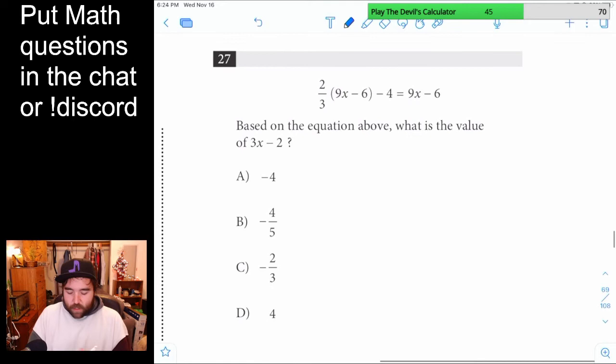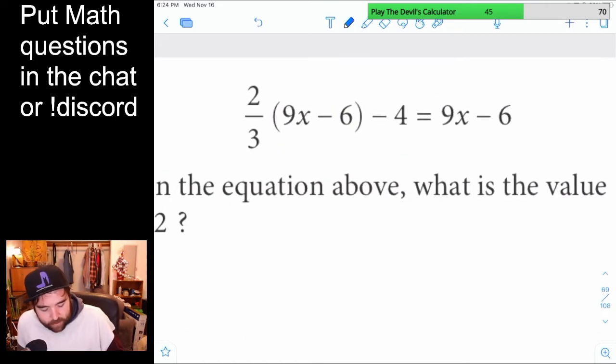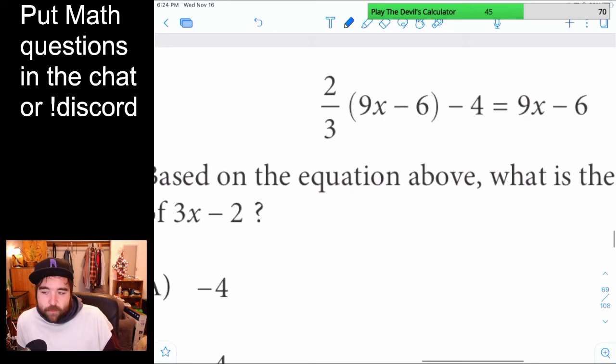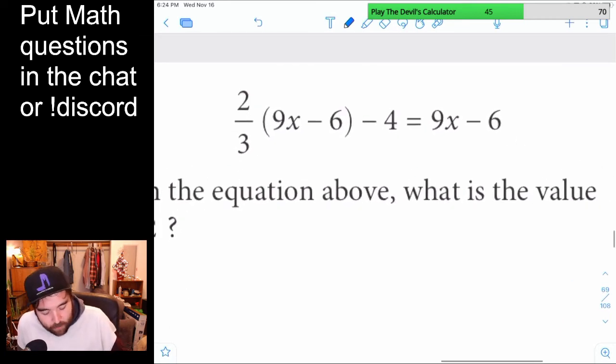So next, we want 3x minus 2. I think this one's kind of cool, because let me show you what I'm going to do here. You could definitely just solve for x like normal and then find 3x minus 2. But check this out. What if we factored a 3 out of this?